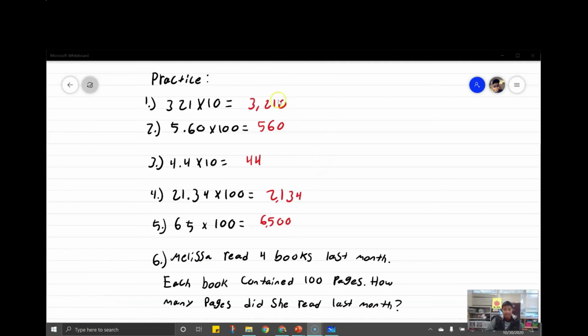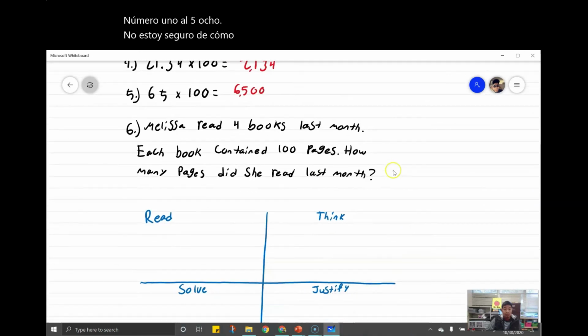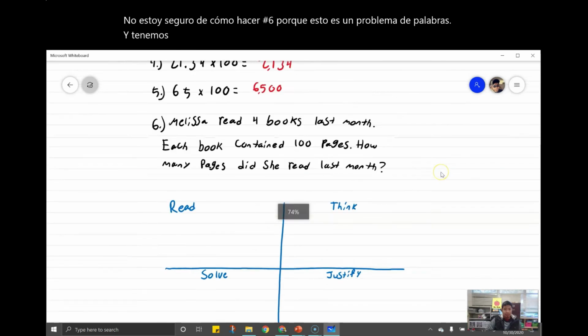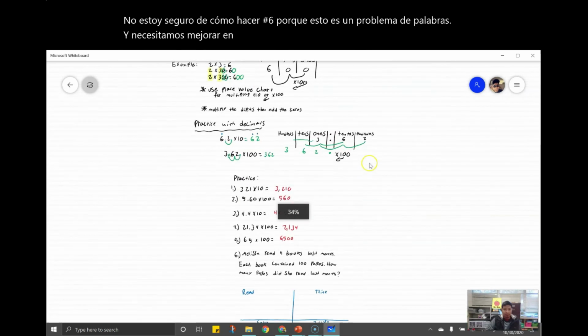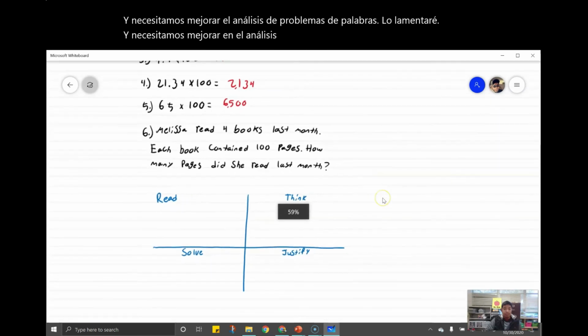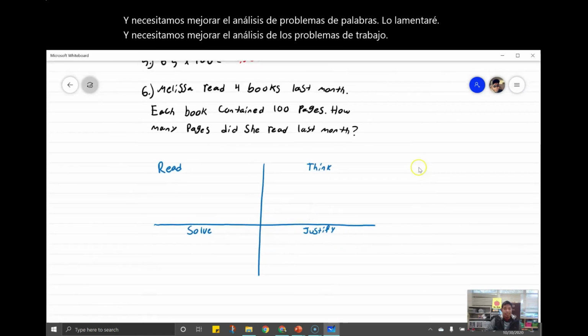Alright, here are the answers for number 1 through 5, okay? I'm going to show you how to do number 6 because this is a word problem, okay? And we need to get better at analyzing word problems so that way we understand what we actually need to do, okay?